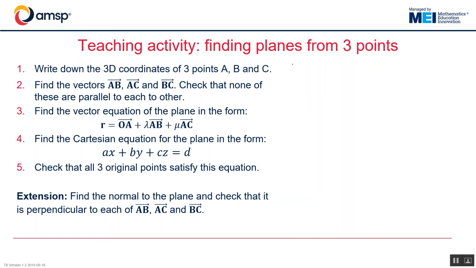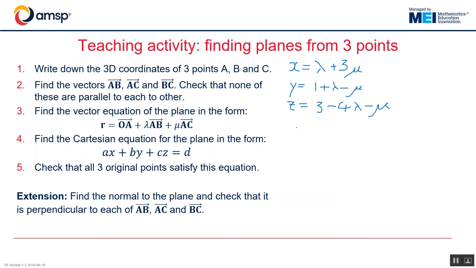So the vector equation can be written as 3 separate equations. x is lambda plus 3 mu, y is 1 plus lambda minus mu, and z is 3 minus 4 lambda minus mu. You can then use simultaneous equations to eliminate lambda and mu.